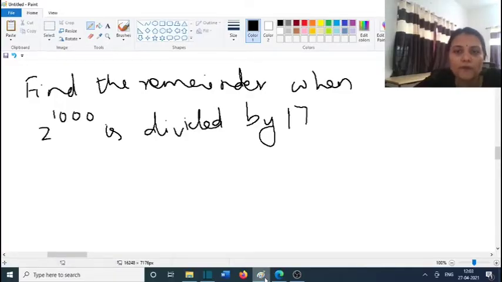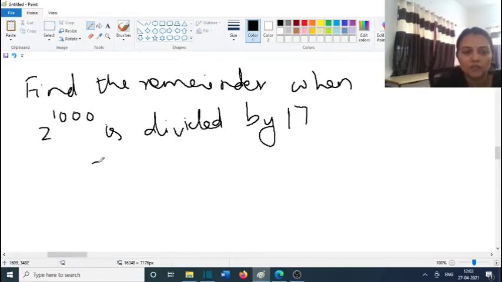Next problem is find the remainder when 2 raised to 1000 is divided by 17. 2 raised to 1 is 2, not near to 17; 2 square is 4, 2 cube is 8, and 2 raised to 4 is 16, which is near to 17.